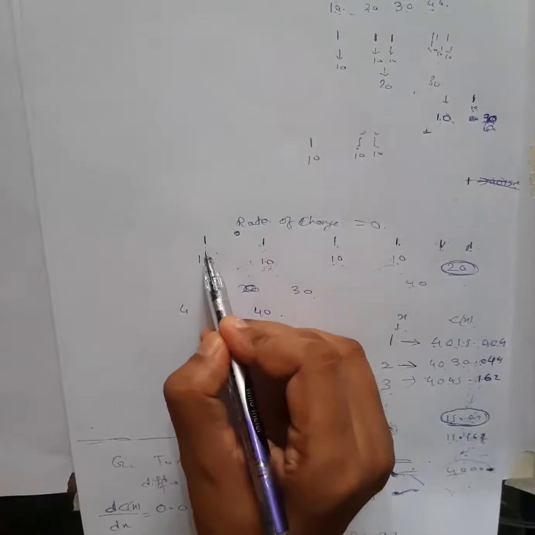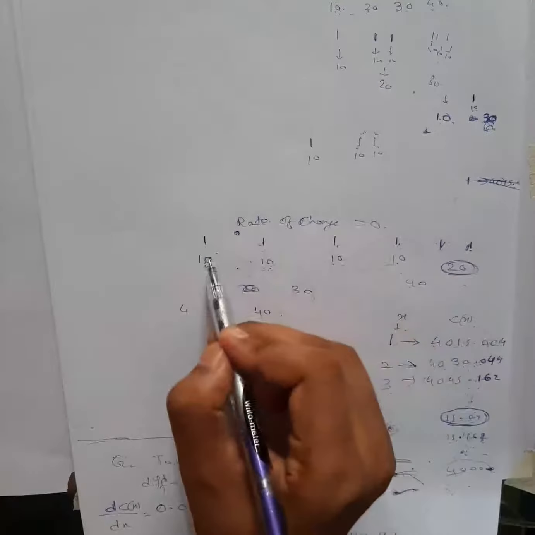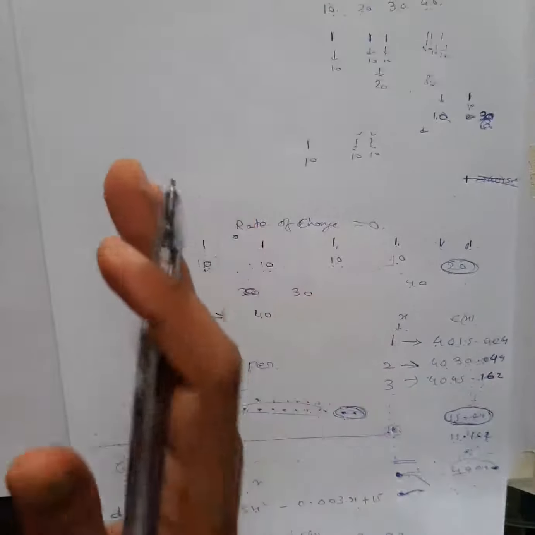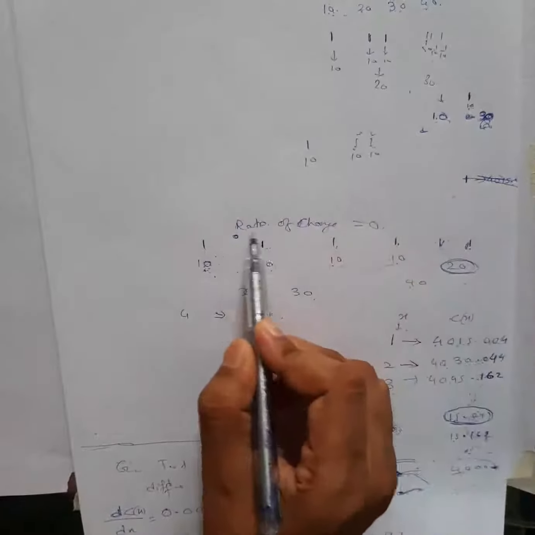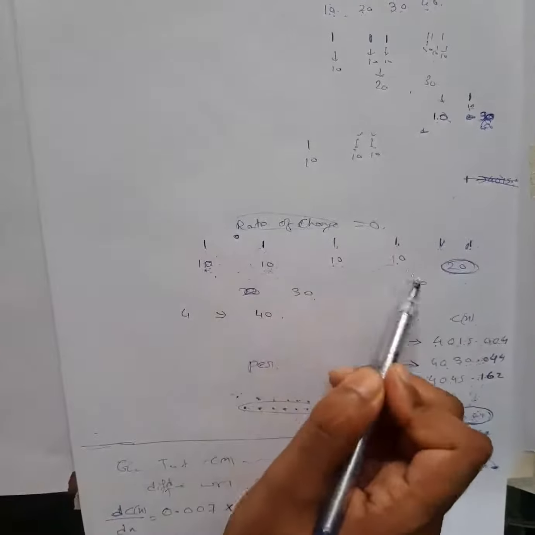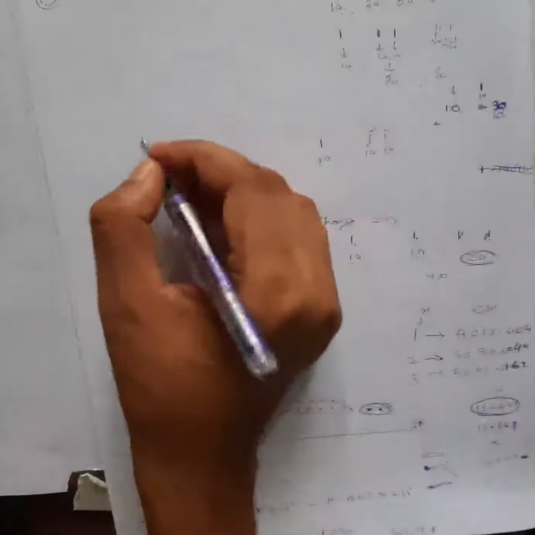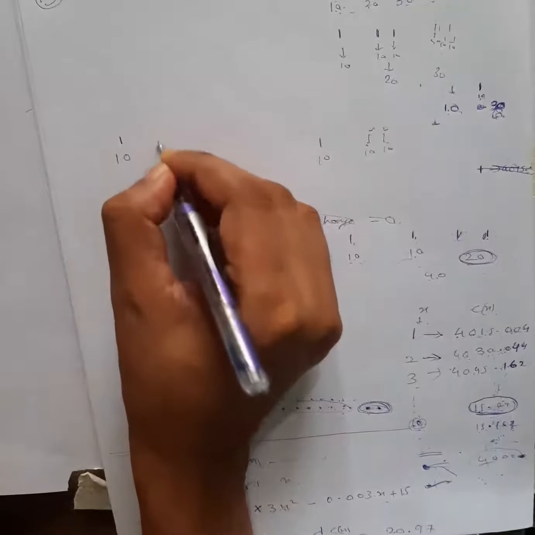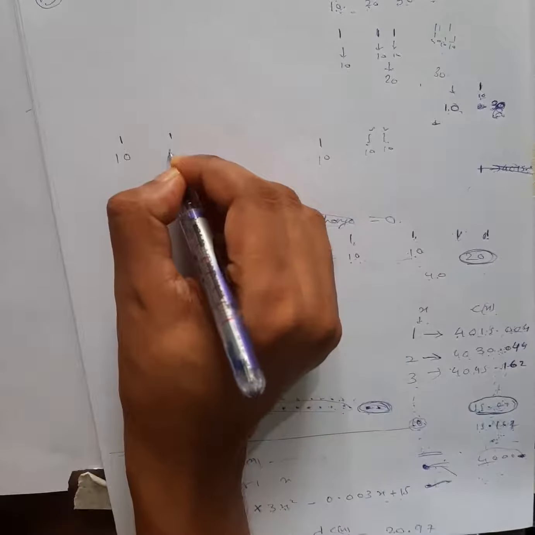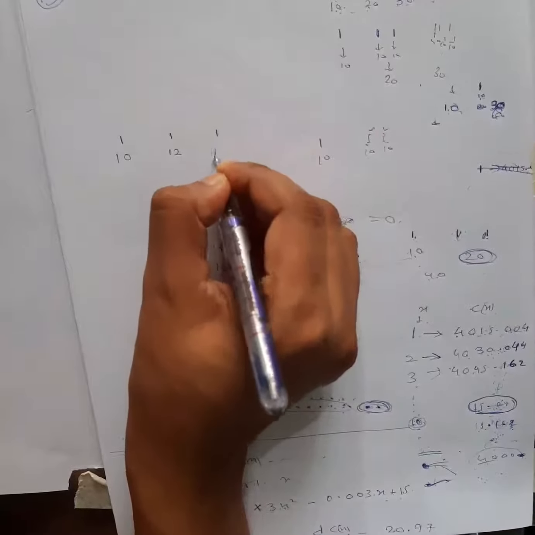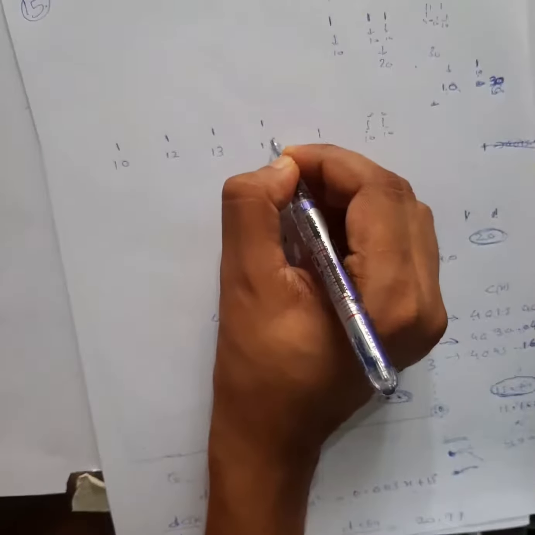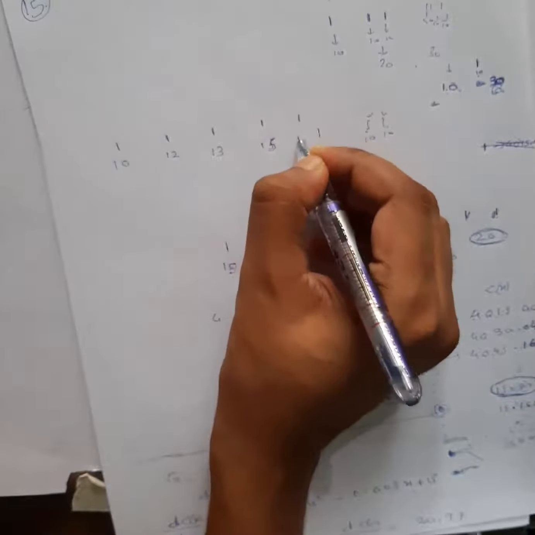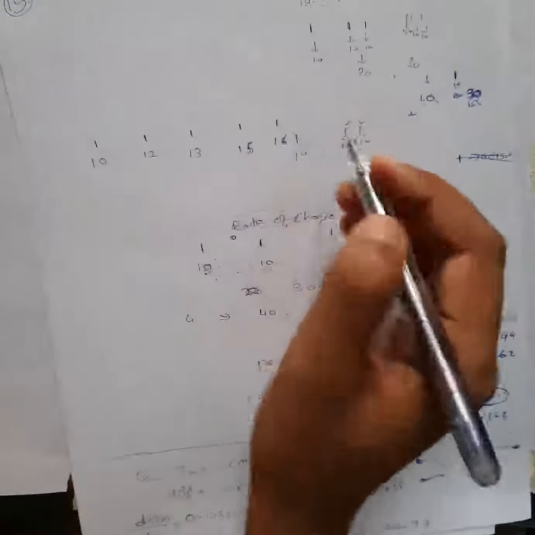Okay, whatever the first product is, in the fourth product also you can directly add. First product it is 10, second, third, fourth, 10 fixed, right? So in this case, the rate of change of total cost is 0. But in this case, if the product is like this, first product is 10, second product suppose 12, third product suppose 13 rupees, fourth product 15 rupees, sixth product suppose 16 rupees, right?